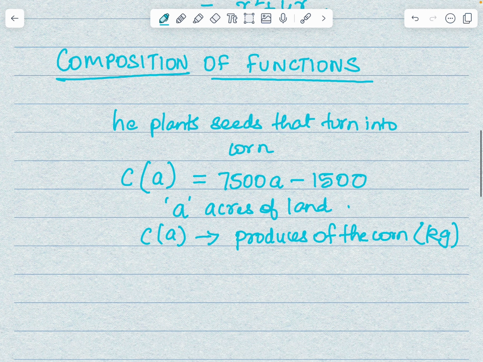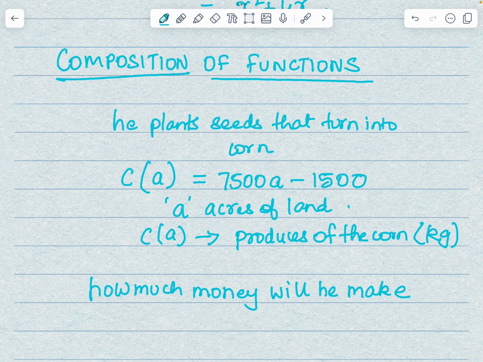Yes, he's interested to know how much corn he produces, but eventually what he wants to know is how much money he will make from selling that corn. That's really what he is interested in.